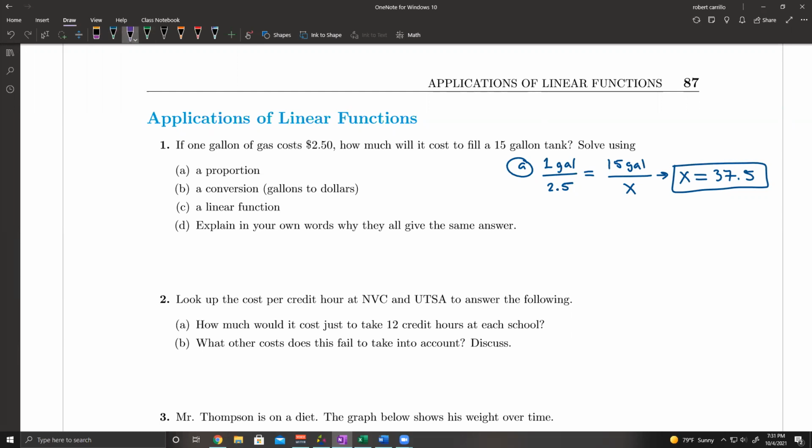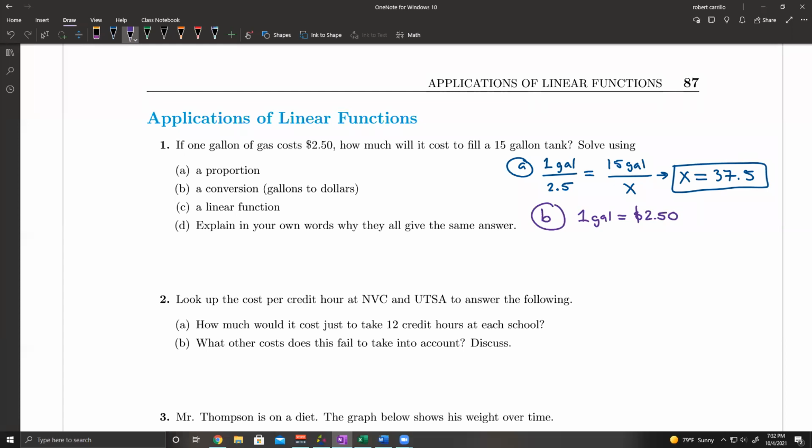Now, if we tried it by a conversion, gallons to dollars. So we know that 1 gallon is equal to $2.50.